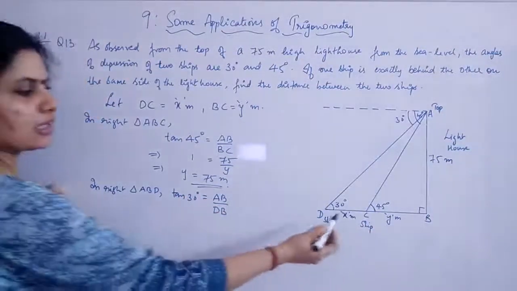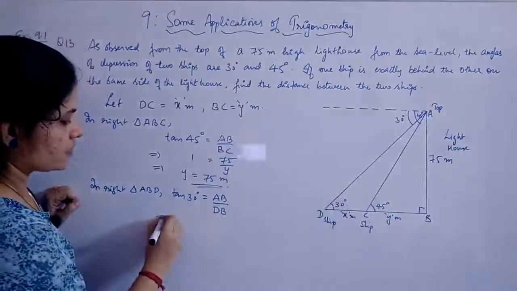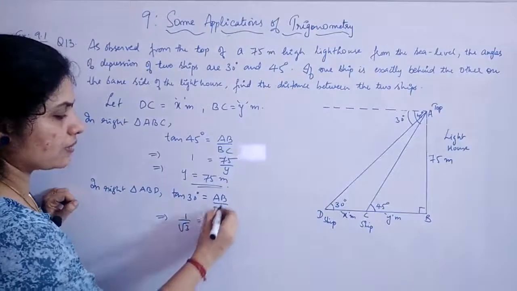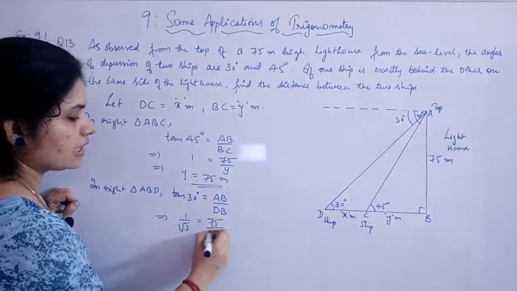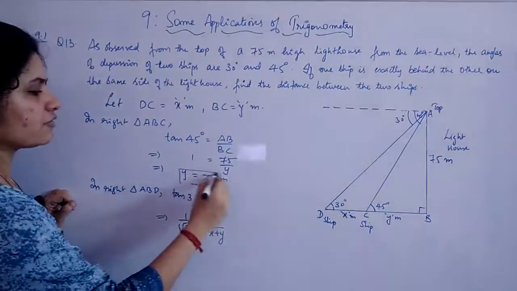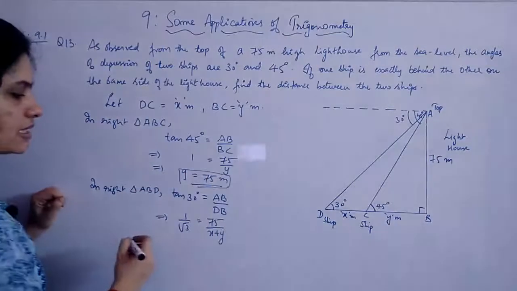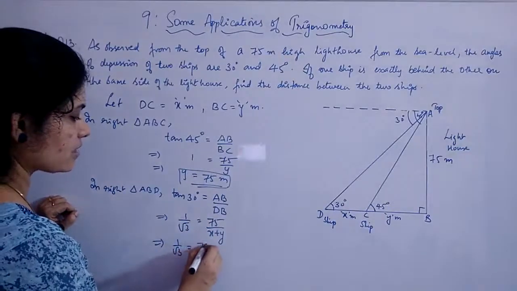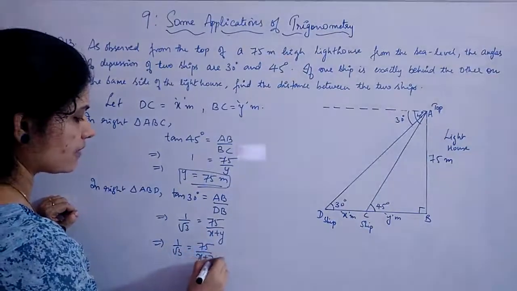Now what is DB? It is X plus Y. So tan 30 degree is 1 by root 3, equal to AB given as 75, DB is X plus Y. Now you got Y to be 75 meters, so you can replace here and you will get 1 by root 3 is equal to 75 by X plus 75.